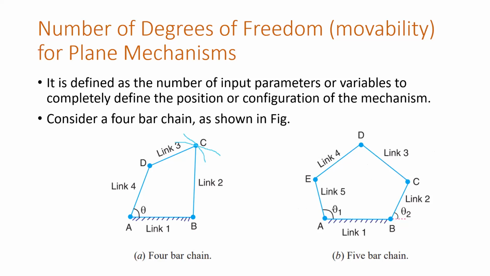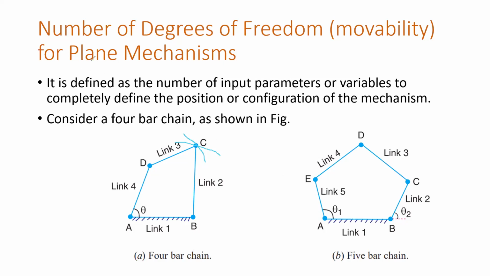Generally the mechanisms which have single degree of freedom are very useful in practical applications. So this is the concept of degrees of freedom, which tells you about the movability of the mechanism, how much your mechanism can move and how much you have constrained it.